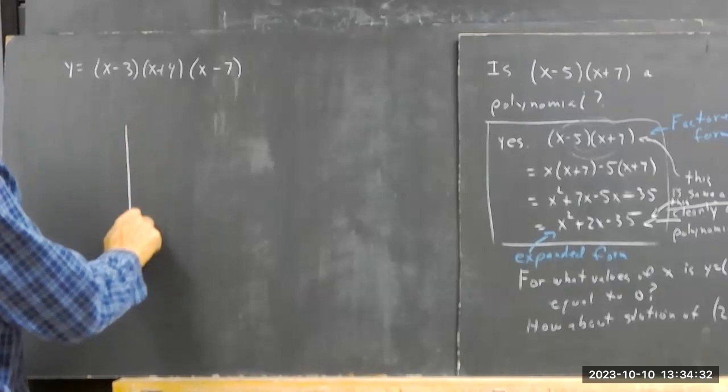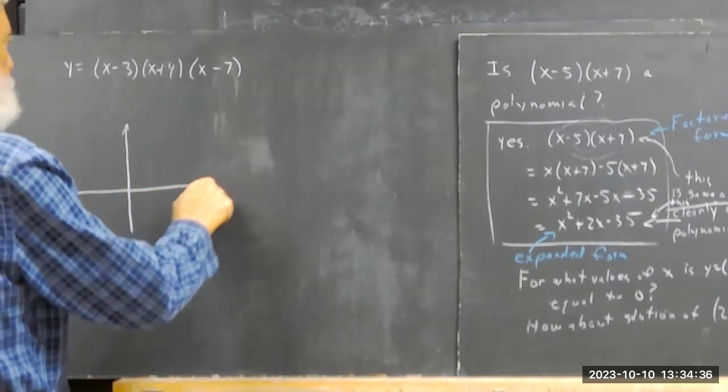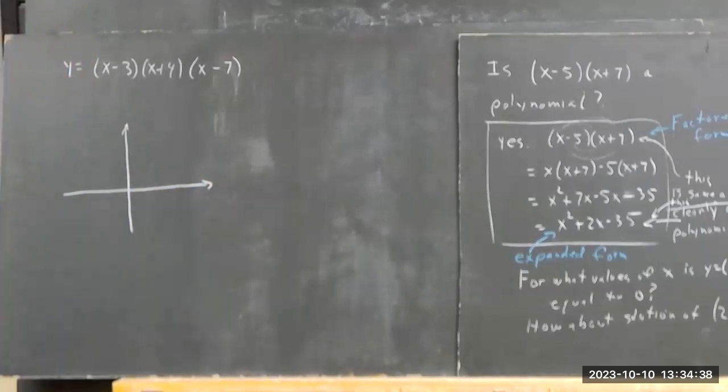There are 3 points on the graph of this polynomial that I can immediately sketch. Take a second, write down on your paper the easiest 3 points on the graph of this polynomial that we could sketch.